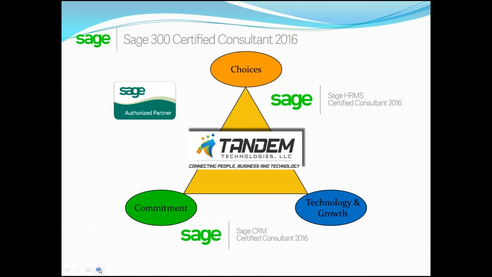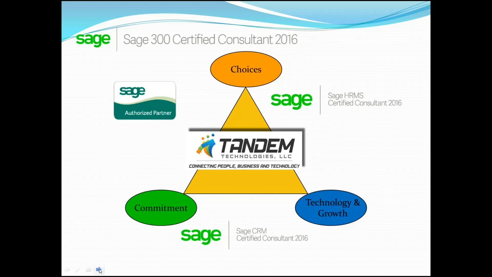There is also a different install code for 300C, so you would have to obtain a different set of licensing to do that. As always, we make sure that all of our consultants are certified in the most recent products, and we just got our certification logos here, and I've put them up on the screen so that you can see them.